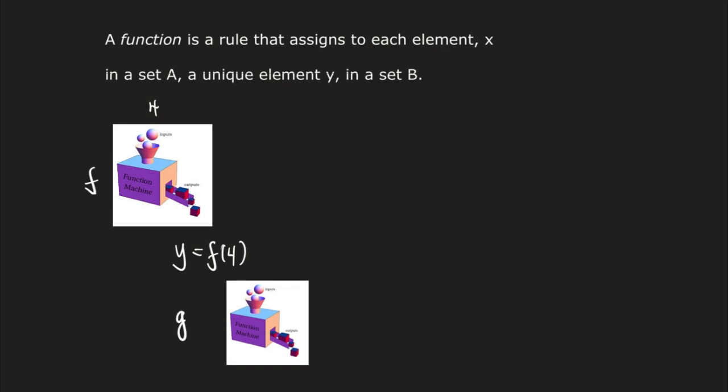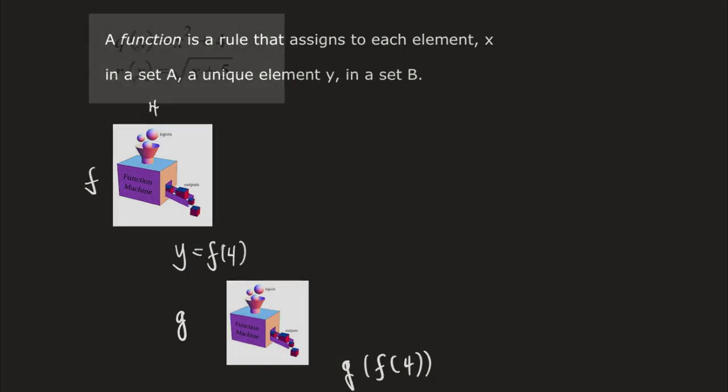And what's going to pop in now is the output from our first function. So f of 4 will now be the input, and then what comes out will be g of f of 4. Notice that the input is always on the inside of the parentheses, and the function g is on the outside.